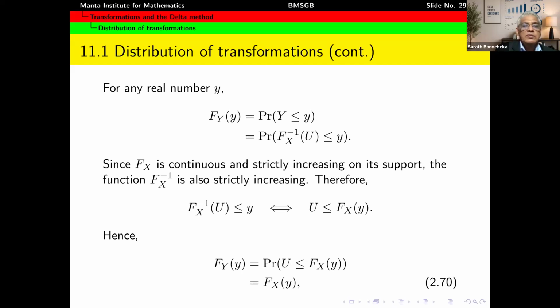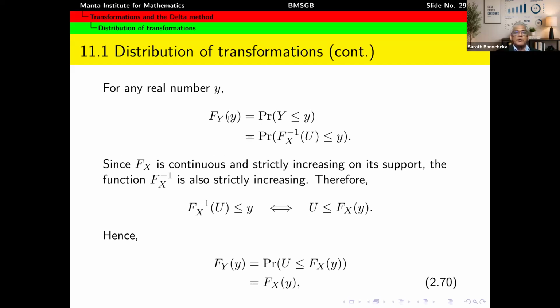The function Fx inverse is also strictly increasing. Therefore, this event, Fx inverse of U less than or equal to y, implies U less than or equal to Fx of y. It goes both ways. This implies this, and this implies this, right? Therefore, we can replace this event by this event.